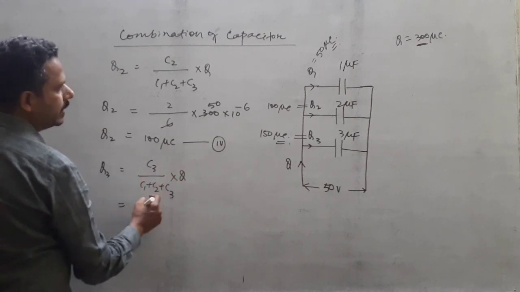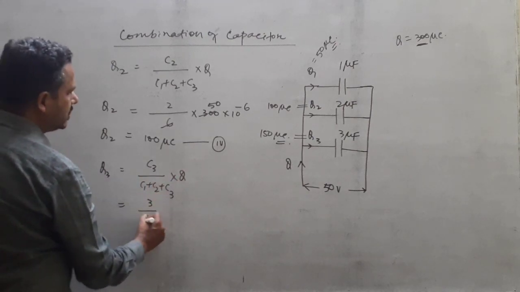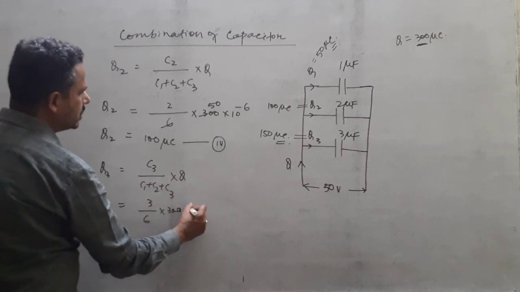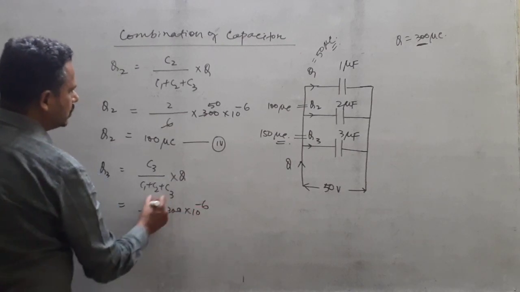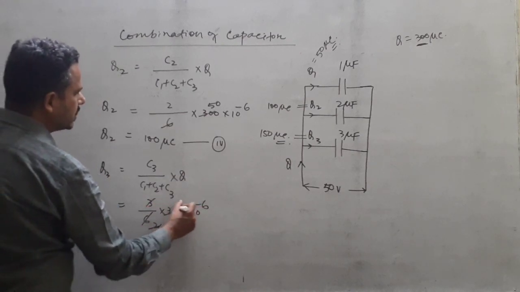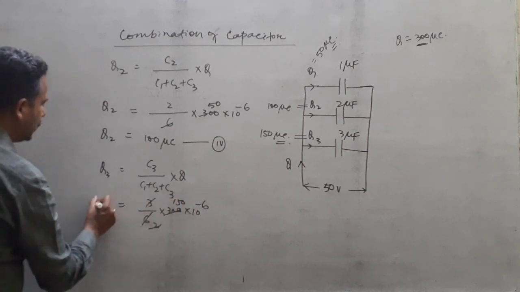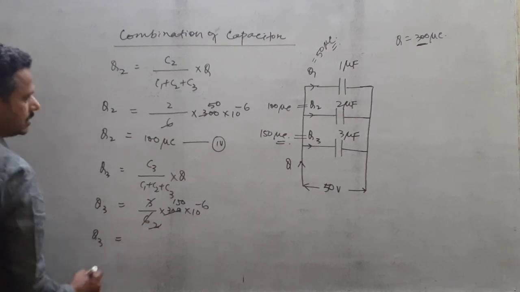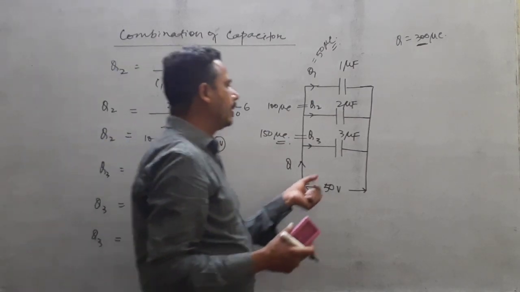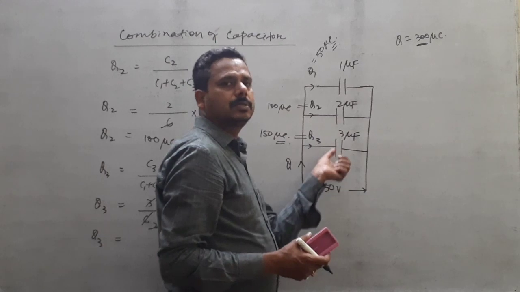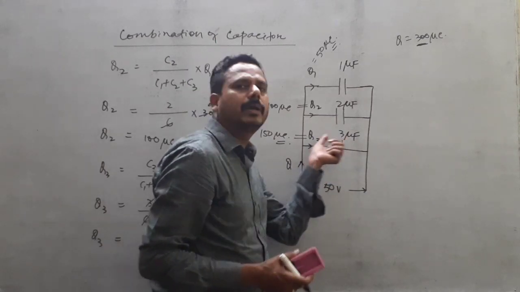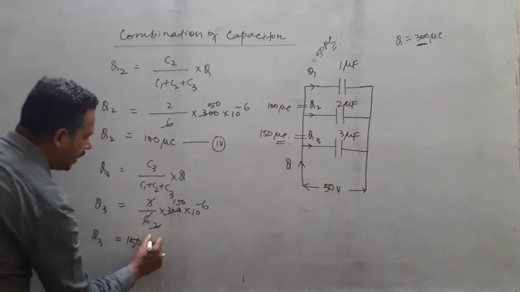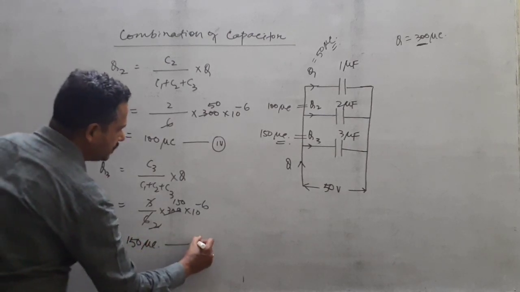Just put the values: 3 divided by 6, multiplied by 300 times 10 to the power minus 6. So the charge deposited on the third capacitor, having capacitance 3 microfarad, is 150 microcoulomb.